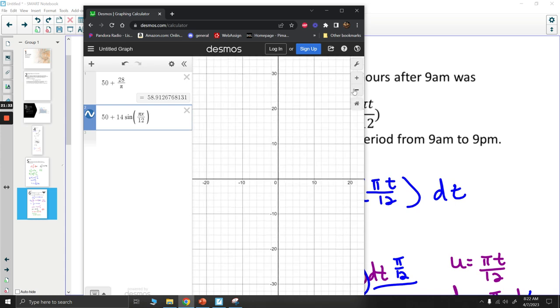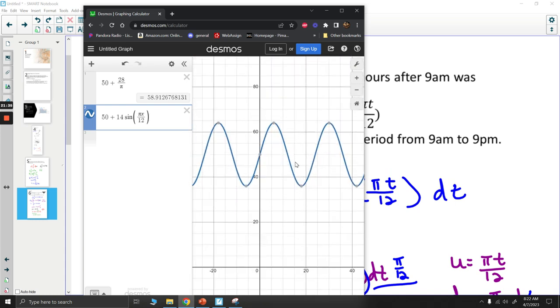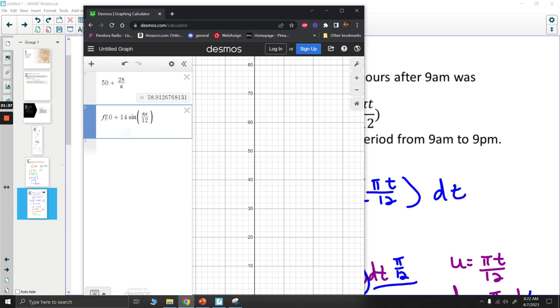All right, I need to zoom out a bit. Okay, yeah. So basically, and we're talking about this function from time is 0 to time is 12. So really it actually looks like this, where from 9 a.m. to 9 p.m. it went up, it then hit here and came back down.